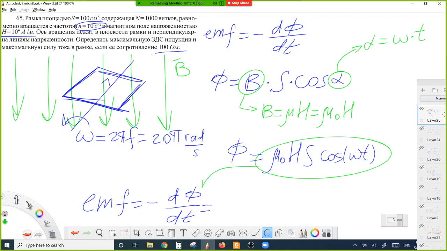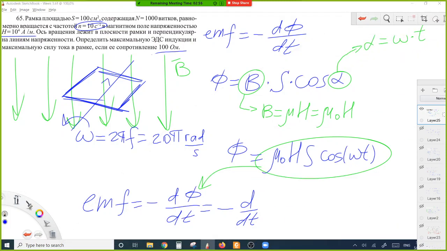Instead of Φ we put this expression, and we have minus d over dt of mu 0 H S cosine omega t. Okay, we need to take the derivative of this expression with respect to time.